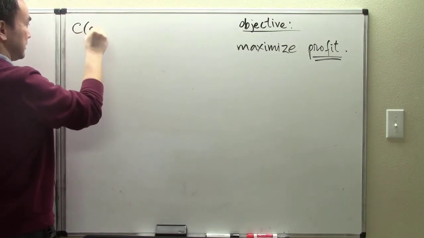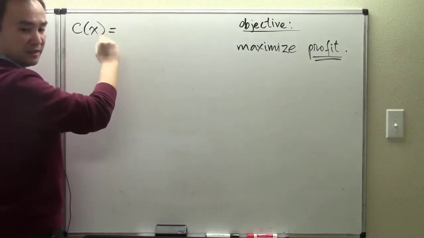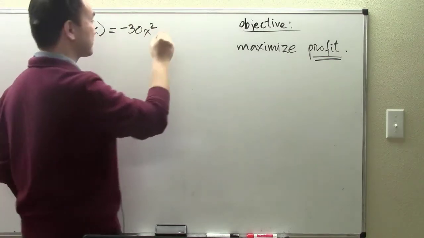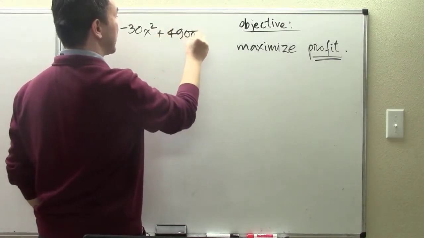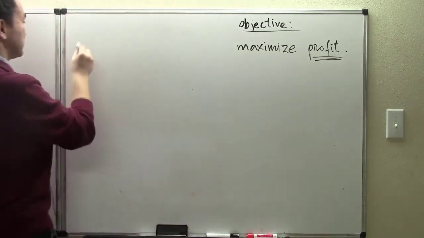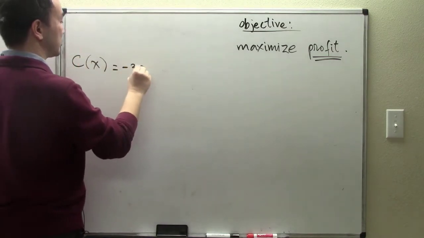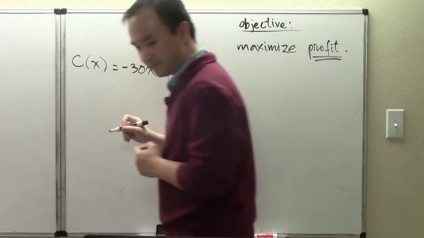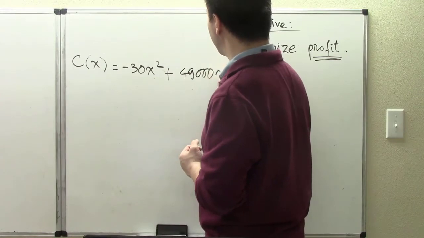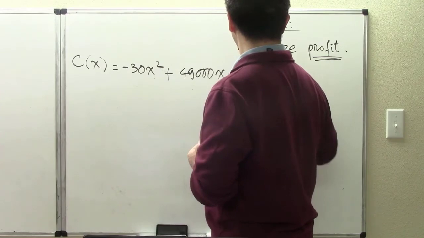So cost, including overhead and production cost, C of x equals minus 30x squared plus 49,000x plus 21,724.